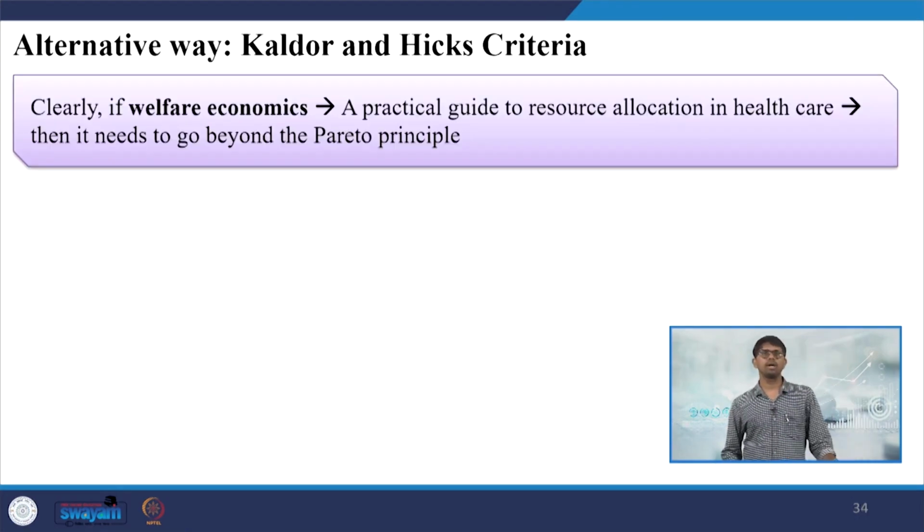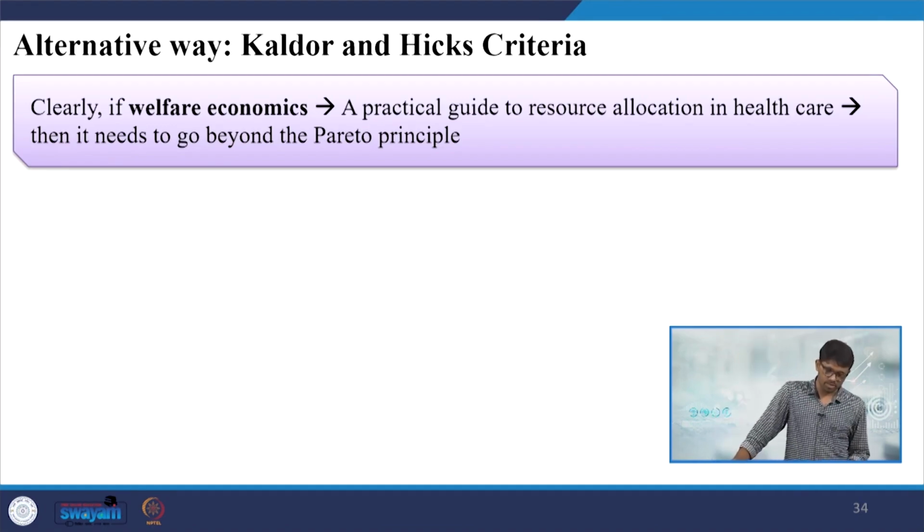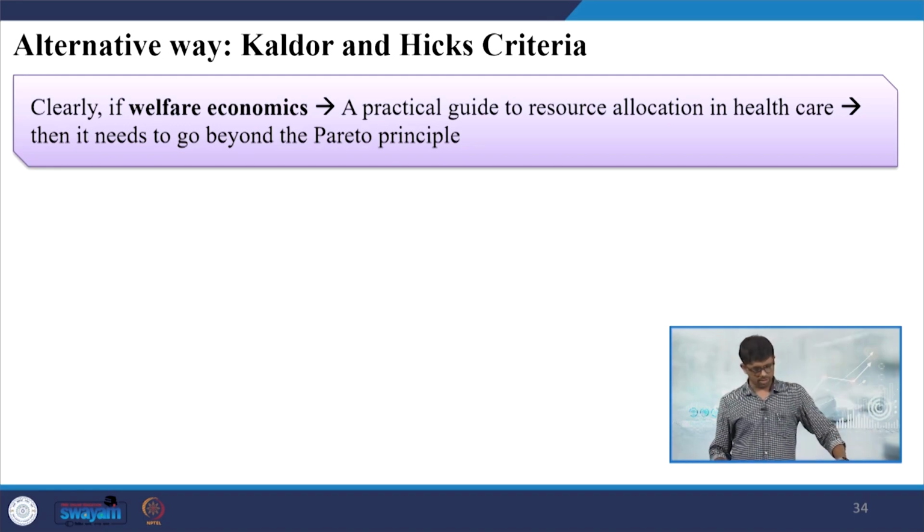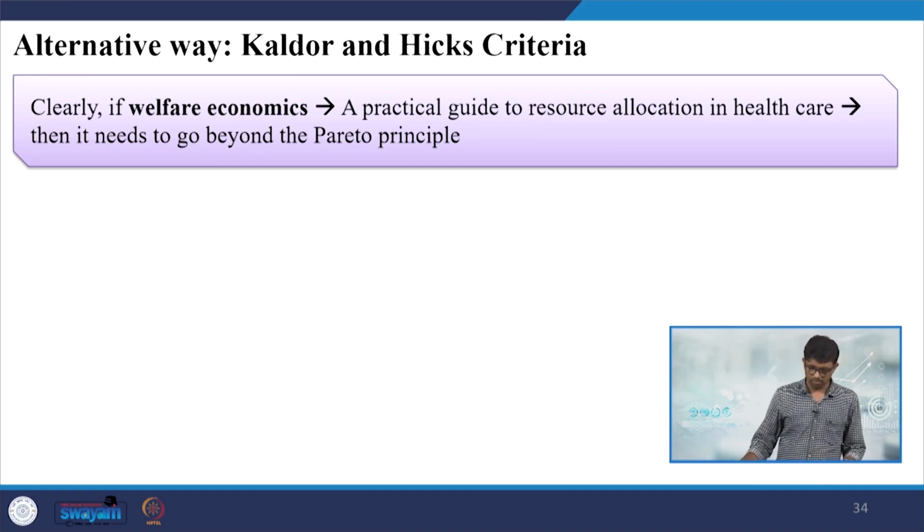There are alternative ways to avoid or deal with the limitations, the Kaldor and Hicksian criteria. It is largely based on the compensation principle. Clearly, if welfare economics is followed as a practical guide to resource allocation in healthcare, then it actually needs to go beyond the Pareto principle.